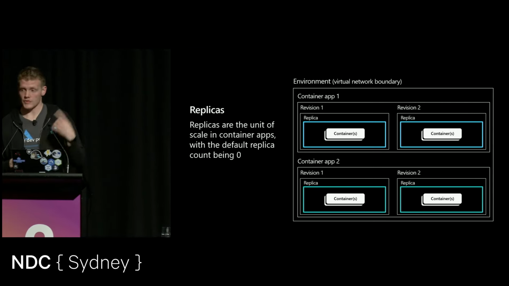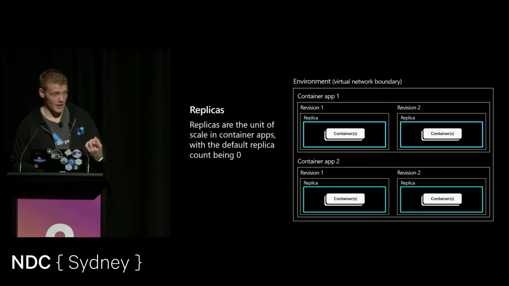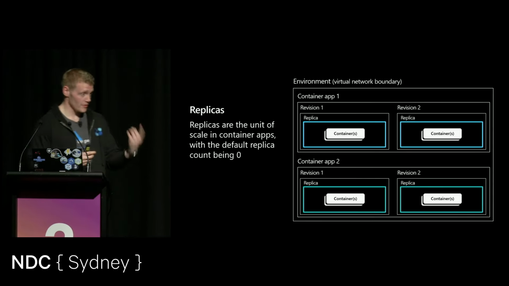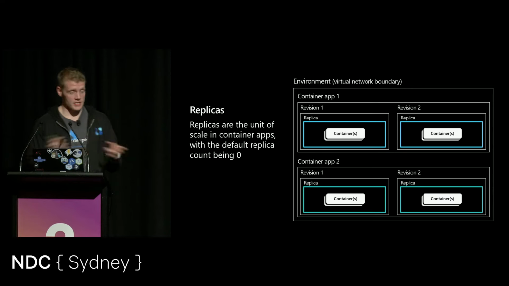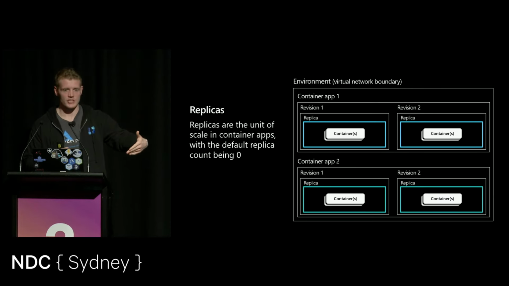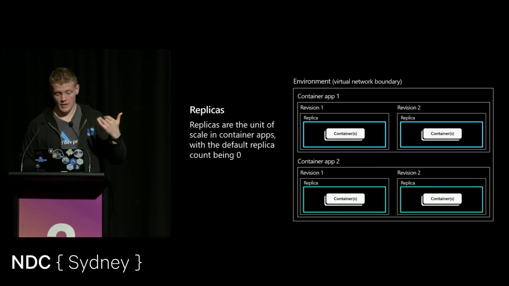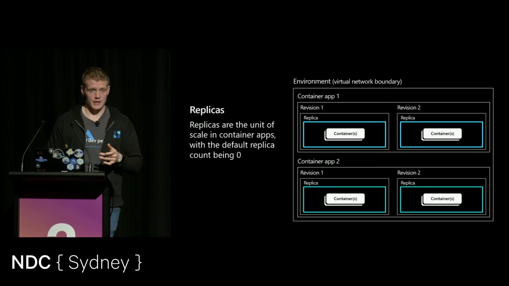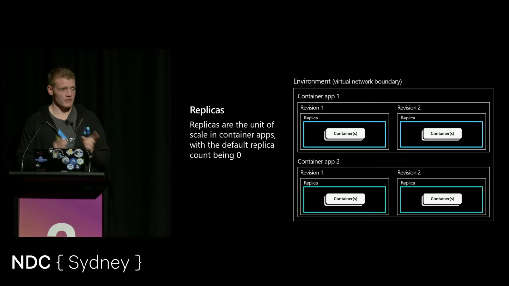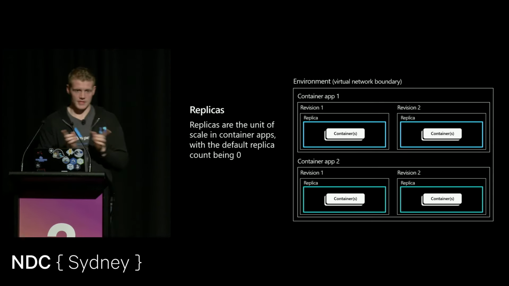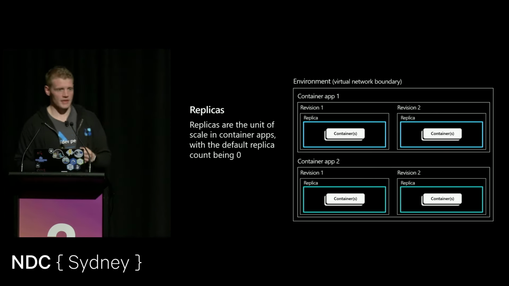So for example, revision 1 of my app could have 10 instances running, while if I change the scale rules and in version 2 define the upper limit to 5, that's going to have its own scale criteria. So if you're directing traffic to different revisions, just bear in mind that the scale rule will apply to that particular revision.